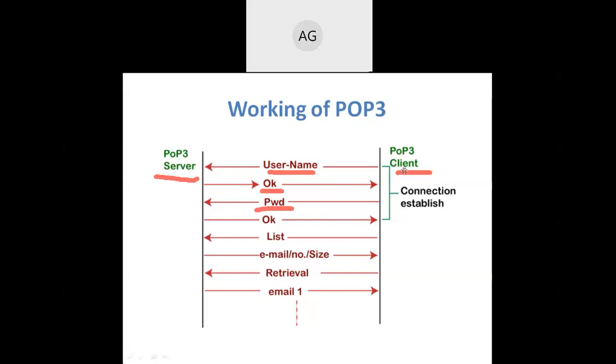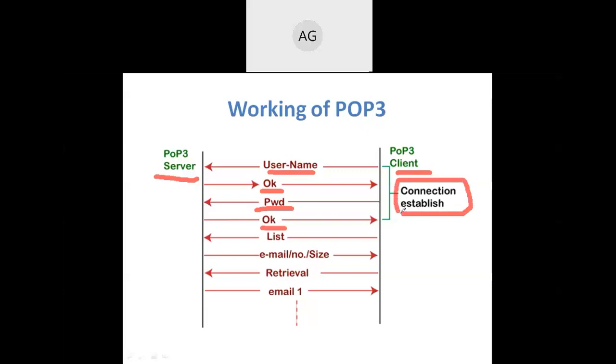Then the POP 3 client gives it, and the server checks whether this password is OK or not. Once the password is OK, the server gives the OK message to the POP 3 client, and that's how the channel is established.